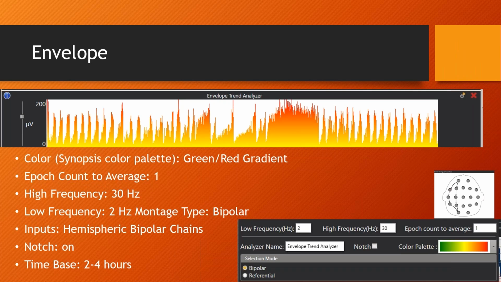If we go a little bit deeper, we can make certain adjustments to the envelope trend. The things that we might want to adjust are the inputs.